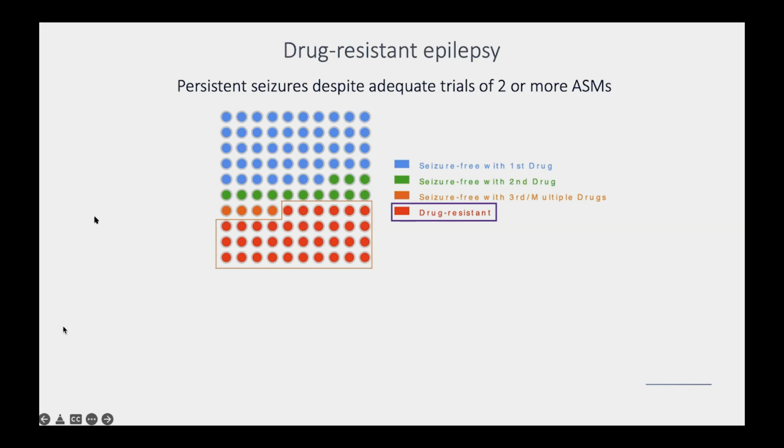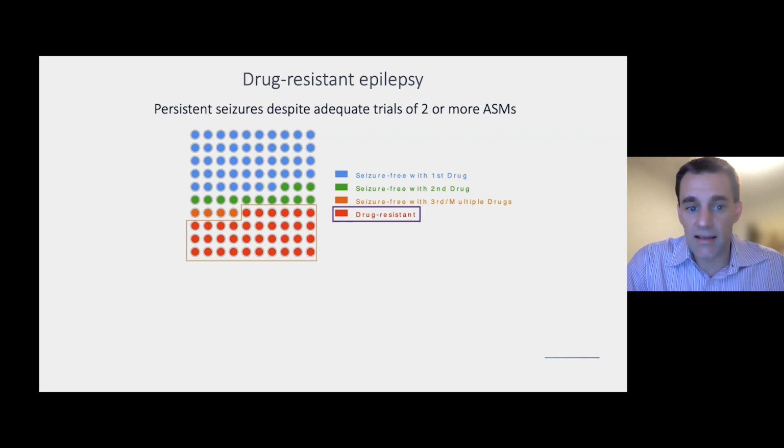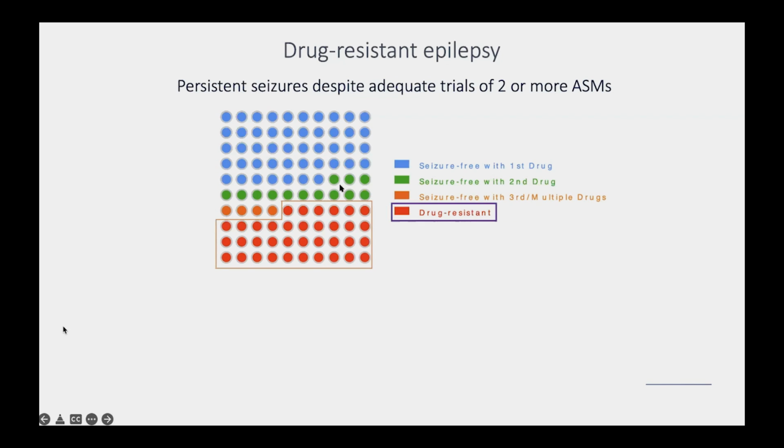So the rest of the patients we call drug resistant, or used to be called medically refractory. But this is epilepsy that has not responded to 3 drugs. And the reason that we define it as such is because you see these diminishing returns, a lot of blue dots, a good amount of green dots, but then few orange dots. And so once you try a 4th drug, you could imagine it's only 1 or 2 people out of the rest here would get control.